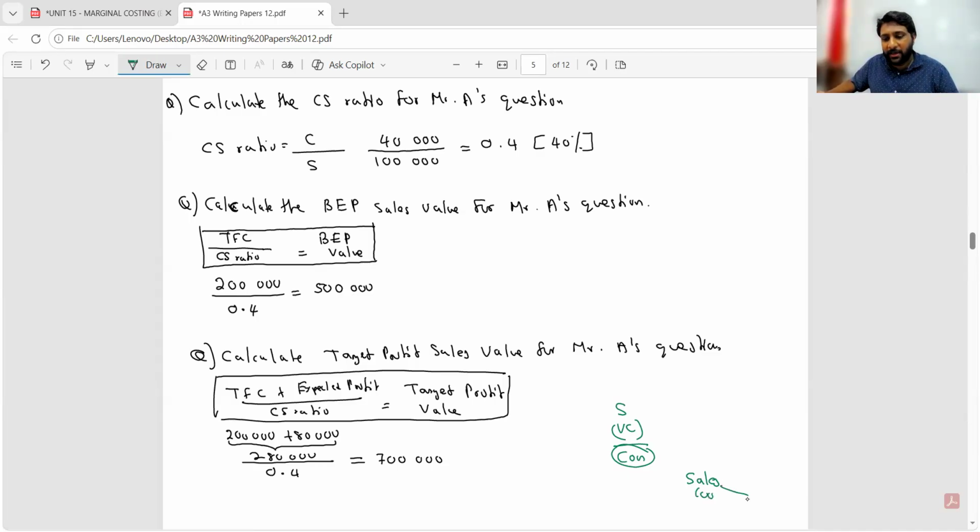If the sale is 100 and the contribution is 40, then from the sale, 40% is contribution. That's what CS ratio means. Clear? Two different things.